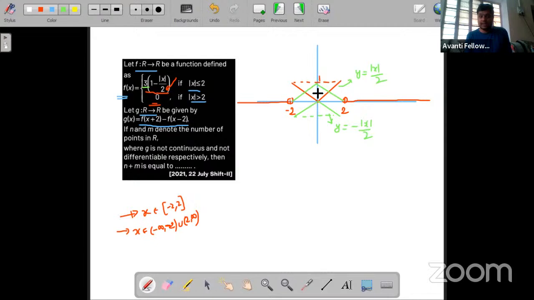At x equals 0, we were getting 1, but while multiplying with 3, this value will go to 3. Right or not? And here at x equals minus 2 and 2, what is the value of the function? 0. So again 0 into 3 is 0. So the function will look like this.